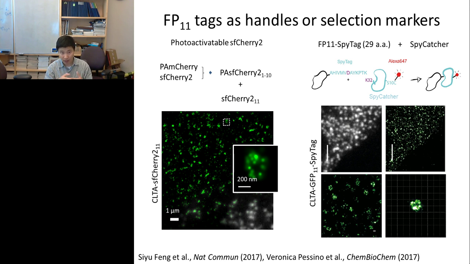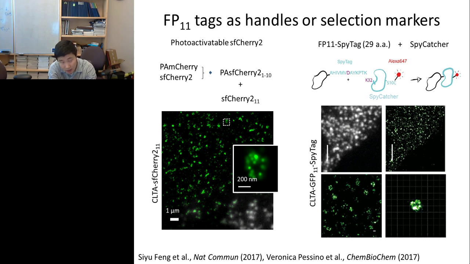So we can do endogenous protein labeling with a photoactivatable fluorescent protein, and then we can do super-resolution microscopy with STORM using this method. Here is the STORM image that nicely resolves the fine structural details of clathrin-coated pits.